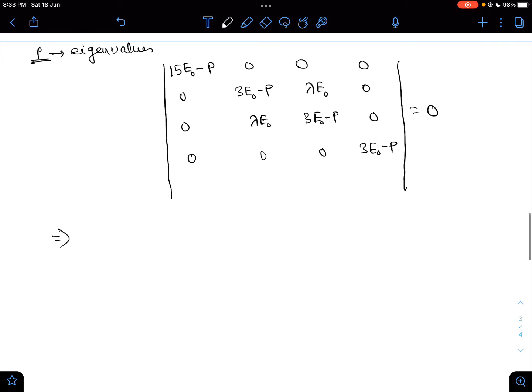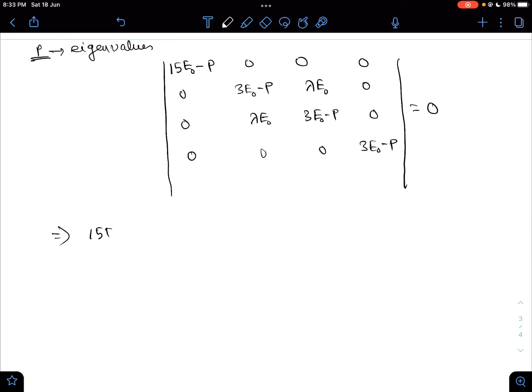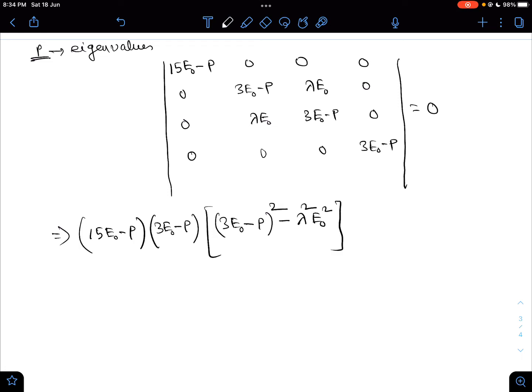So from here we are getting 15E0 minus P, and we also have 3E0 minus P, and here we will have 3E0 minus P squared minus lambda squared E0 squared.